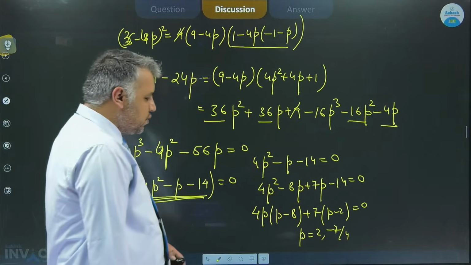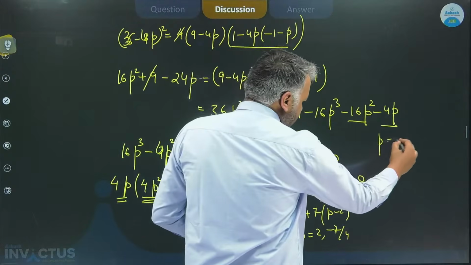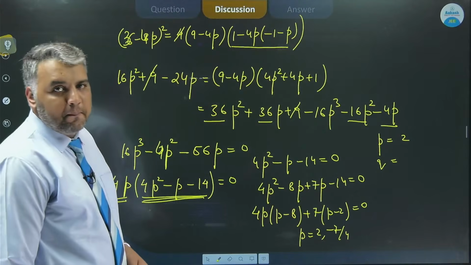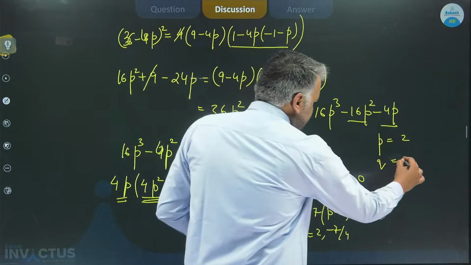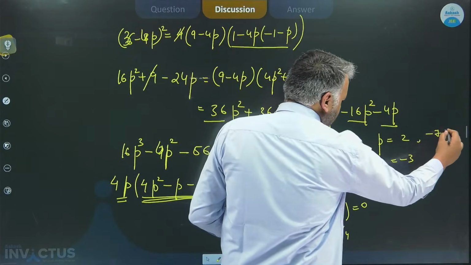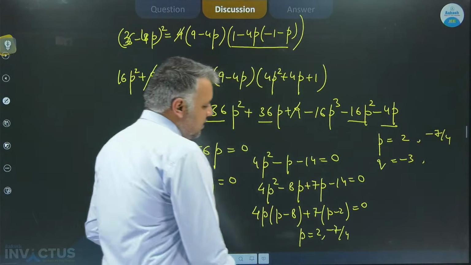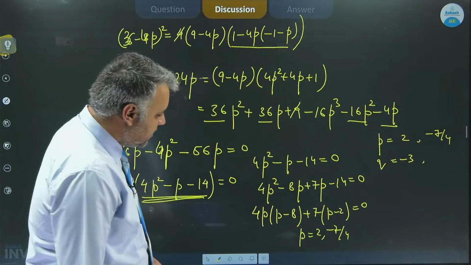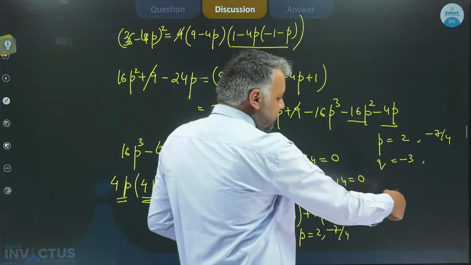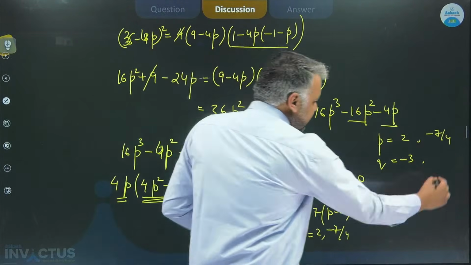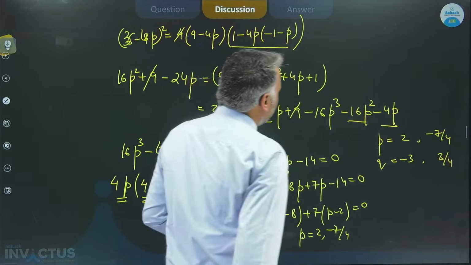Okay, if p is 2, then q is, because p plus q must be minus 1, so this is minus 3. If p is minus 7 by 4, then in that case, q will be, you can check that p plus q is minus 1, so again minus p minus 1. So I think this will be 3 by 4.